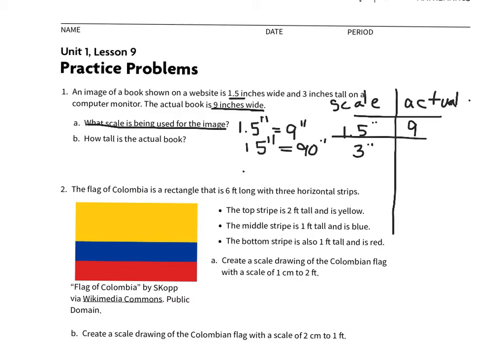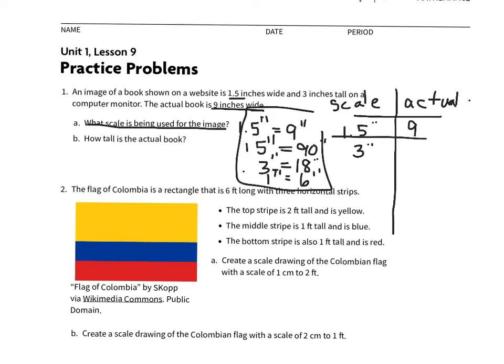If I divide by 5, I could say 3 inches represents 18 inches. I could say 1 inch represents 6 inches. All those are different ways of saying the same scale, but when we're asked to state the scale, it's looking for something like that. So something represents something.